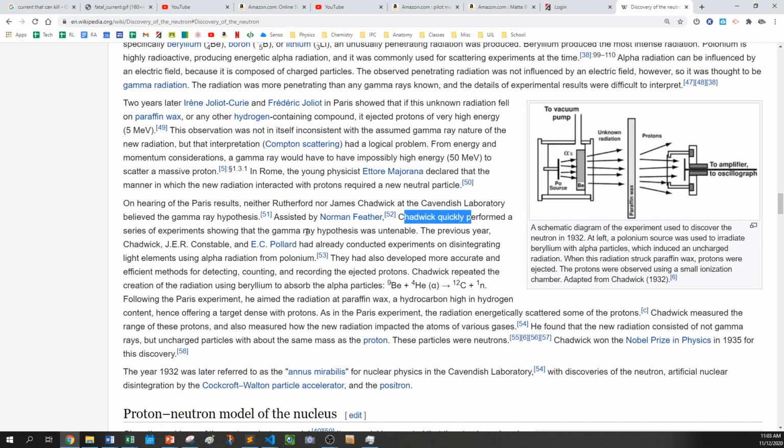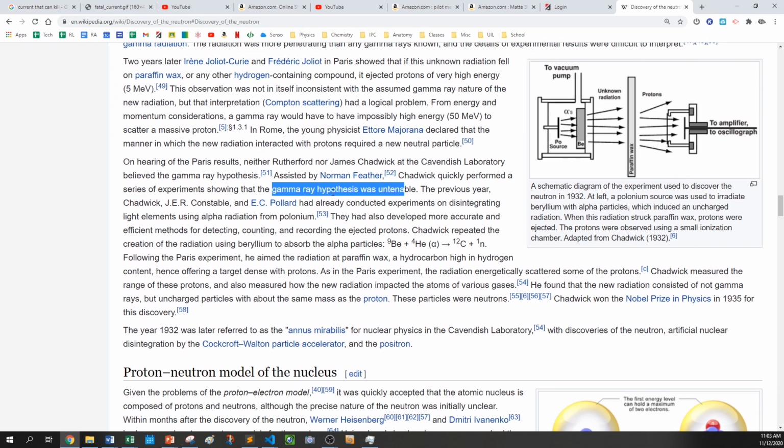So he performed a series of experiments showing that the gamma ray hypothesis was untenable. He repeated the creation of radiation using beryllium to absorb alpha particles. So you take a beryllium-9 isotope and an alpha particle, helium-4, and it creates carbon-12 with this new particle. n1 is neutron.